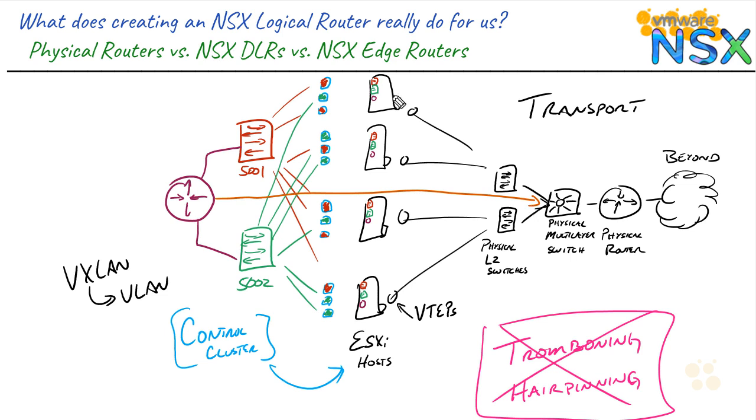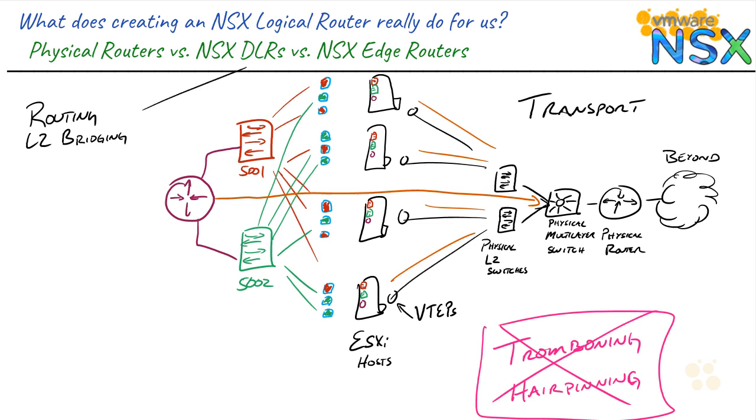Logically, it looks like this. Physically, of course, each ESXi host is going to have a connection that is going to be associated with a VLAN that can work its way up to that switch and continue to provide routing. And in fact, a DLR is really only good for two things: routing and layer 2 bridging, which is what we just described.